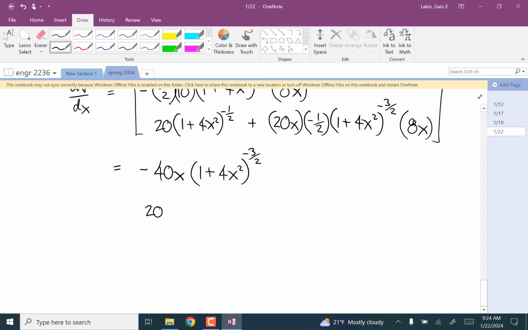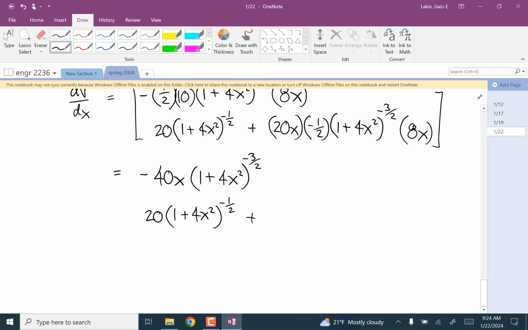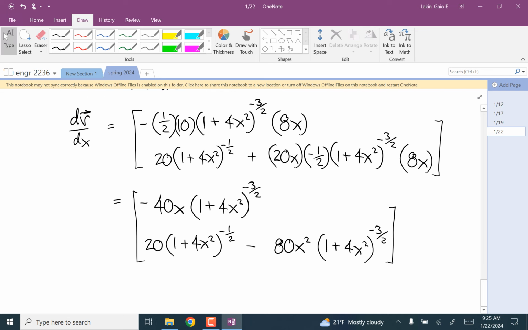And the y component is 20 times 1 plus 4x squared to the negative 1/2, plus, there's a negative there, so minus 80x squared times 1 plus 4x squared to the negative 3/2. That's dv/dx. We're almost at the acceleration now.